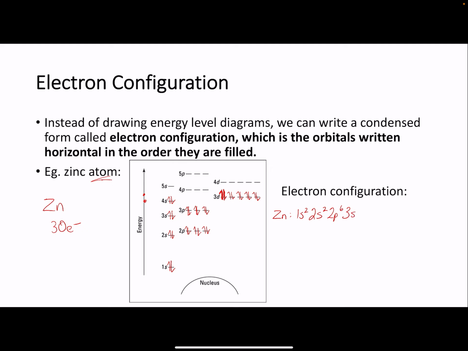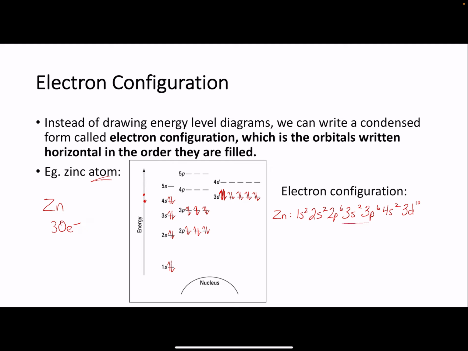Then there's the 3s orbital, and it has 2 electrons. Then there's the 3p orbital, which has 6 electrons in it, based on our diagram. That's what we're looking at. Then we have our 4s orbital, which has 2 electrons, and our 3d orbital, which has 10. So this is what the electron configuration is. It's based on the energy level diagram, only it's written out horizontally.